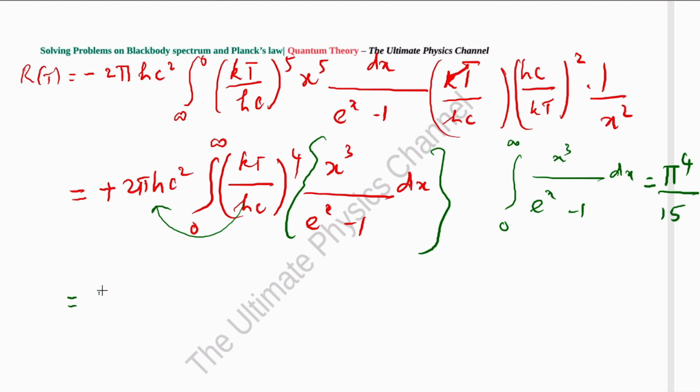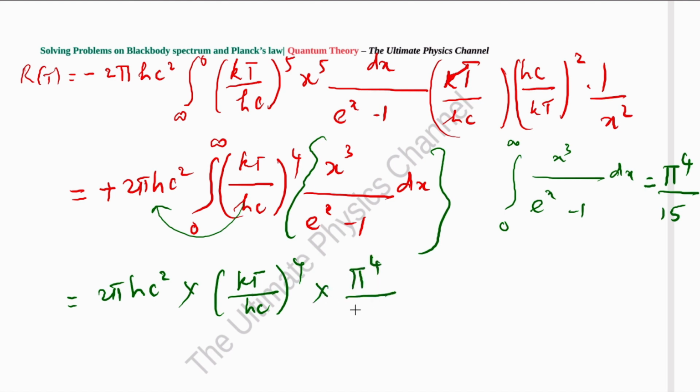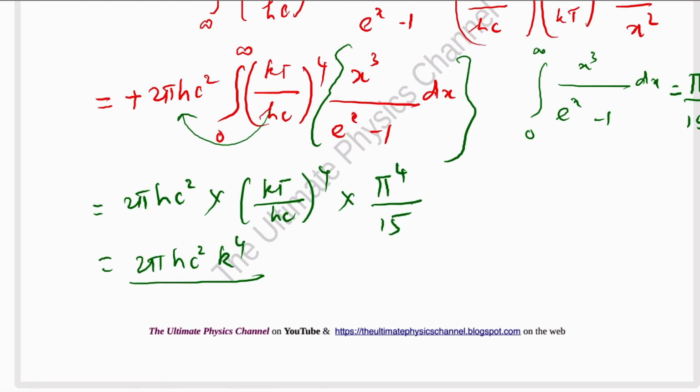So if we take that, 2 pi h c squared times kT over hc power 4 times pi power 4 over 15. The remaining things are all constants, that is 2 pi h c squared k power 4 from this bracket, over, in the denominator, h power 4 c power 4.